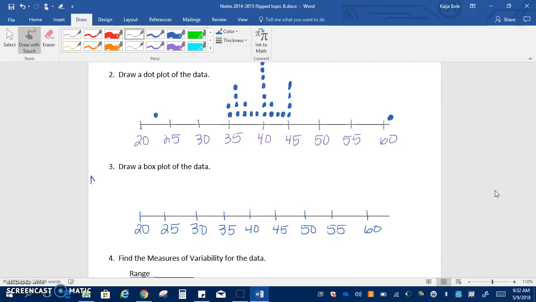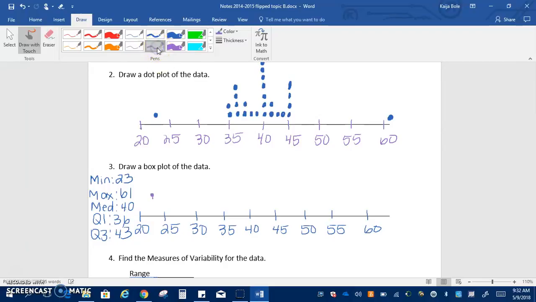We know the min, the smallest number, if we look from above, is 23. The max is 61. The median is 40. Q1 was 36. And Q3 was 43. So we're going to go ahead and fill those in now. Minimum, 23 gets a dot.